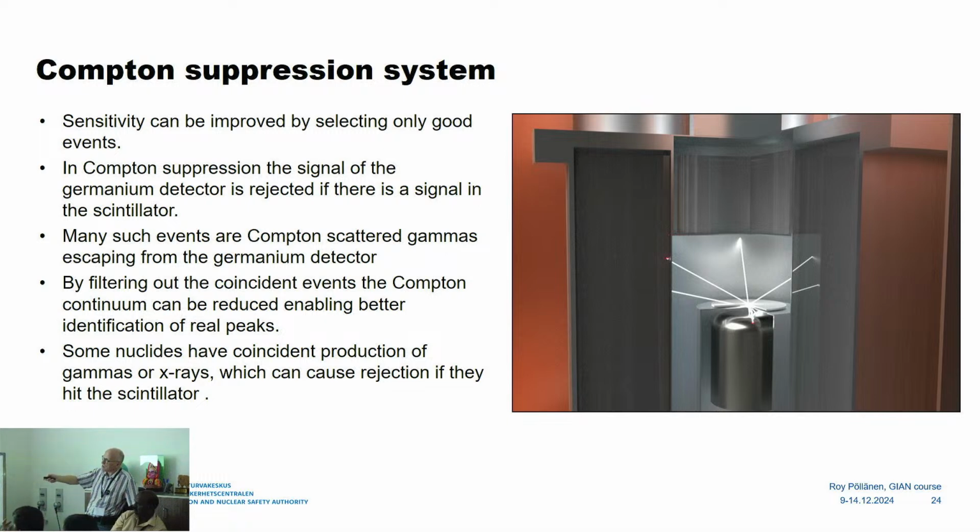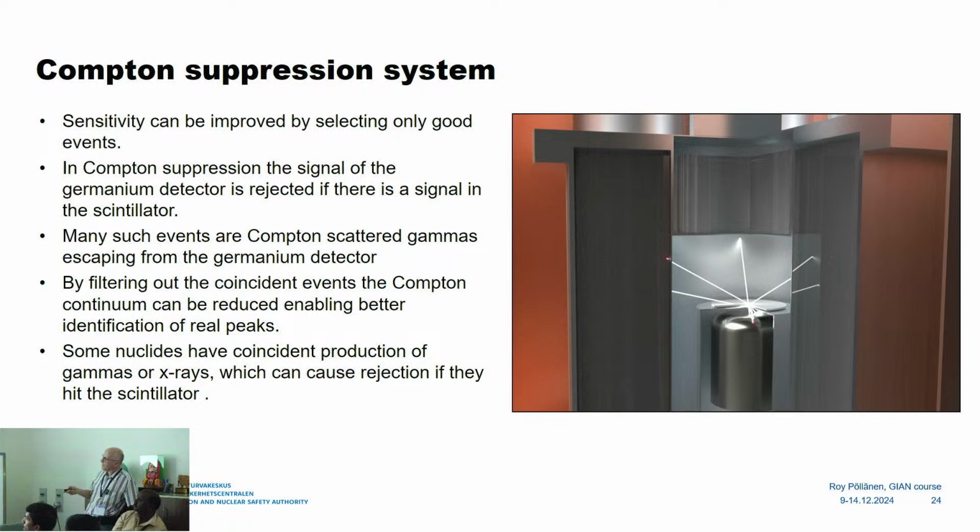Many of these events are Compton scattered gammas escaping from the germanium detector. If we filter out the coincident events, the Compton continuum can be reduced, enabling better identification of real peaks. Of course, some nuclides have coincident production of gammas or X-rays, which can cause rejection if they hit the scintillator.